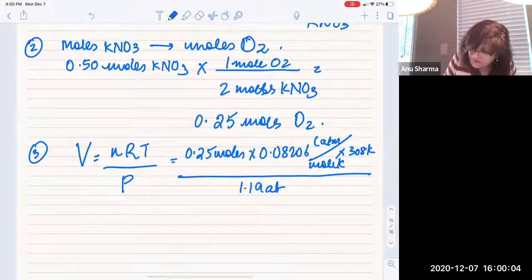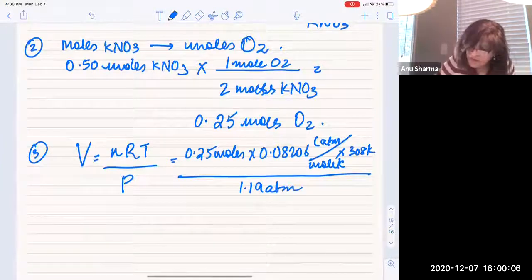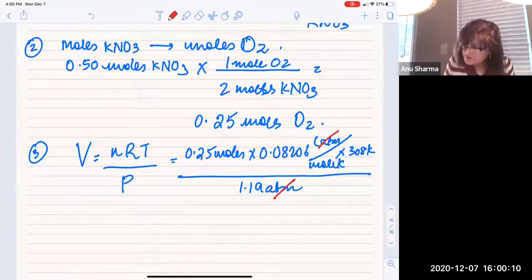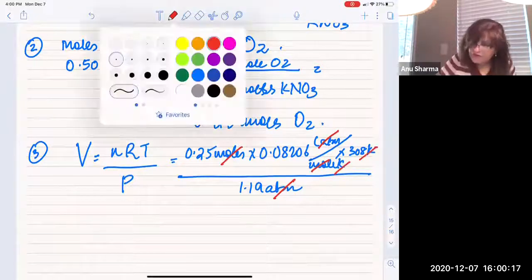1.19 atmosphere. Okay, so now atmosphere and atmosphere cancel. Moles and moles cancel out, and K cancel out. You're only left with the units of liters.